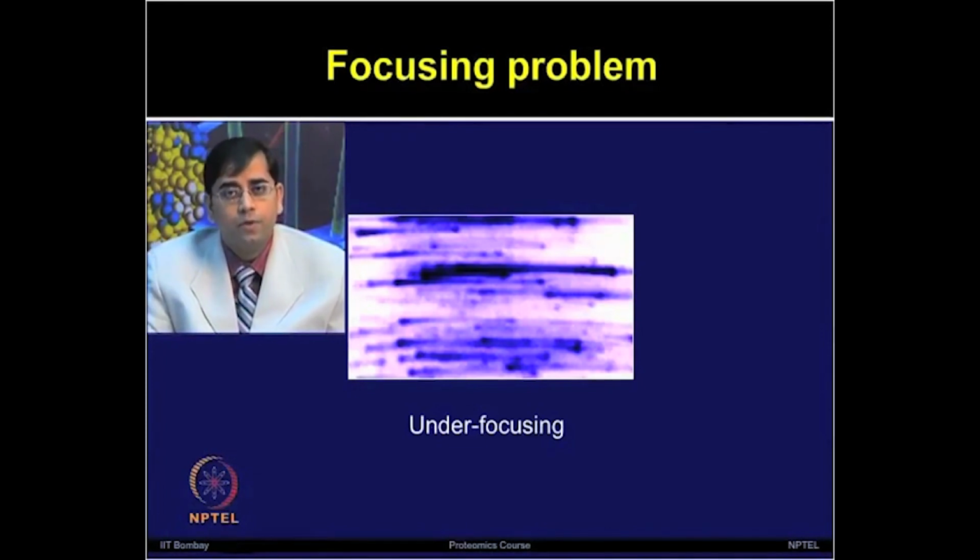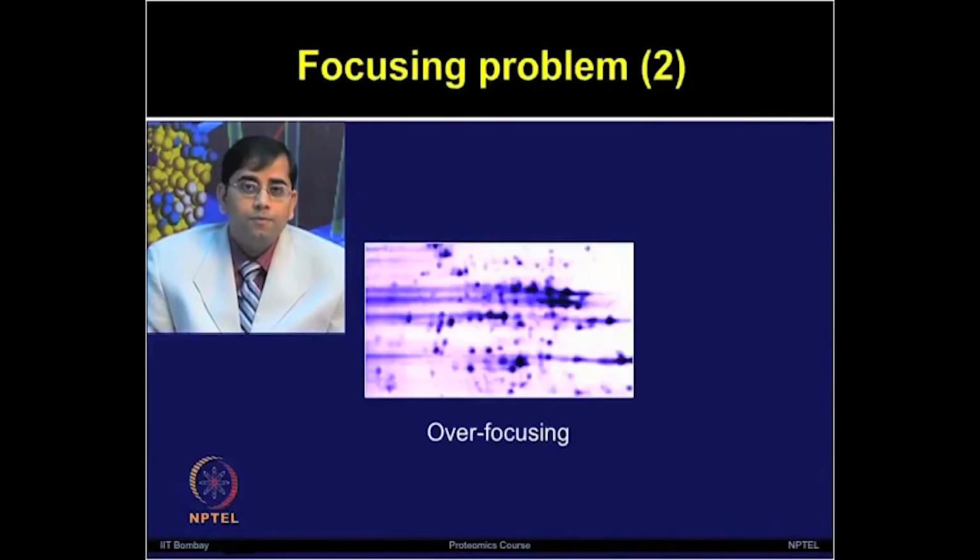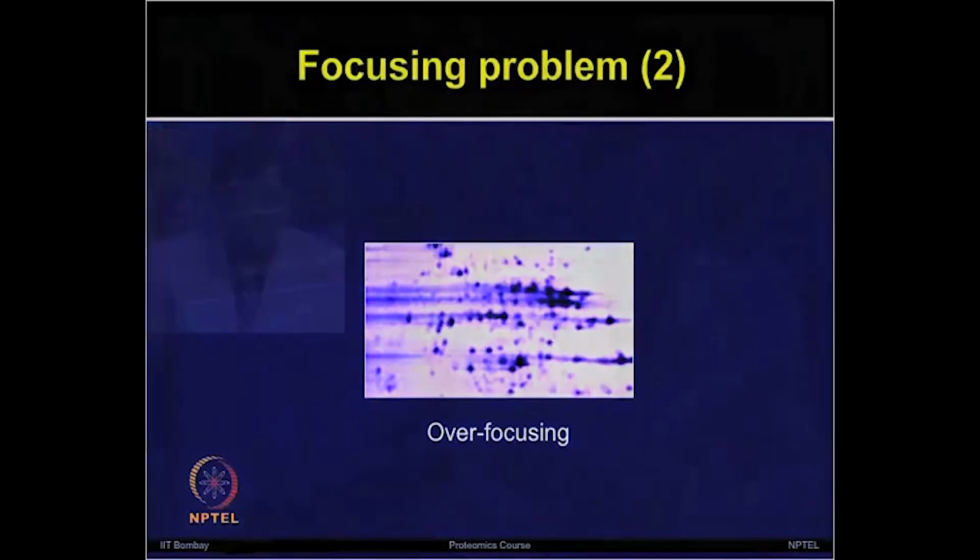Now, if you run too much voltage and the overall volt hour is very high, then it may result in over focusing. So, optimizing a focusing protocol for the appropriate duration and overall volt hour is very important.